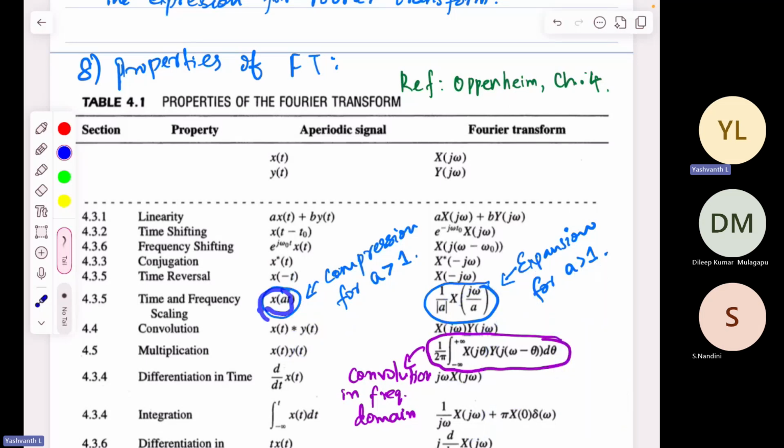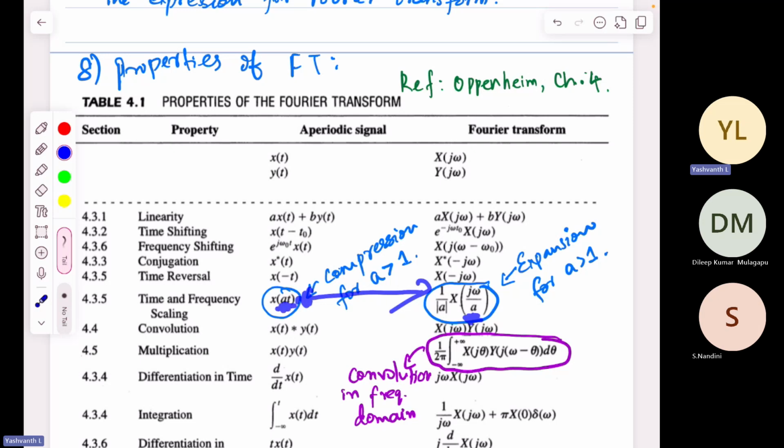So what does it mean? It means that if I have a compression in the time domain, I will have an expansion in the frequency domain. Or if I have an expansion in the time domain, I will have a compression in the frequency domain. That's the interpretation. If I multiply by a in the time domain, I will divide by a in the frequency domain.